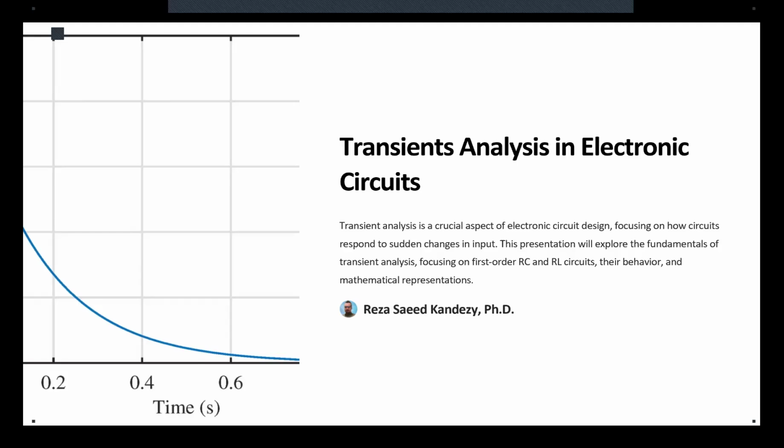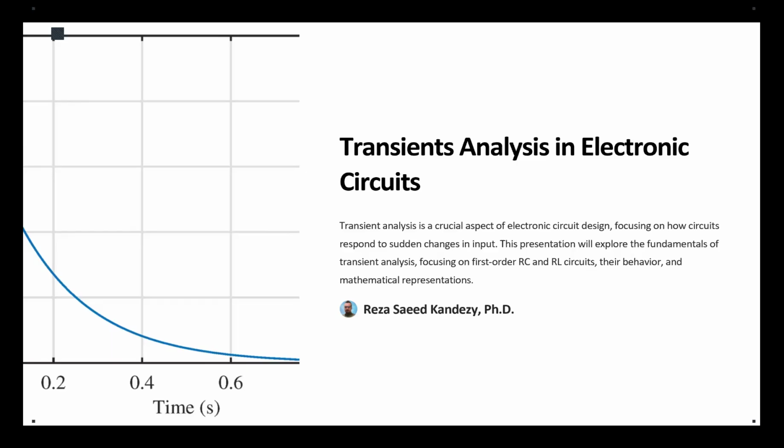Let's start today's discussion. So far, the condition that we had for analyzing a system like a circuit and conducting DC analysis and DC measurement had a very fundamental assumption that our circuit is in a steady state and there is no deviation or variation or any change in our voltage or current.